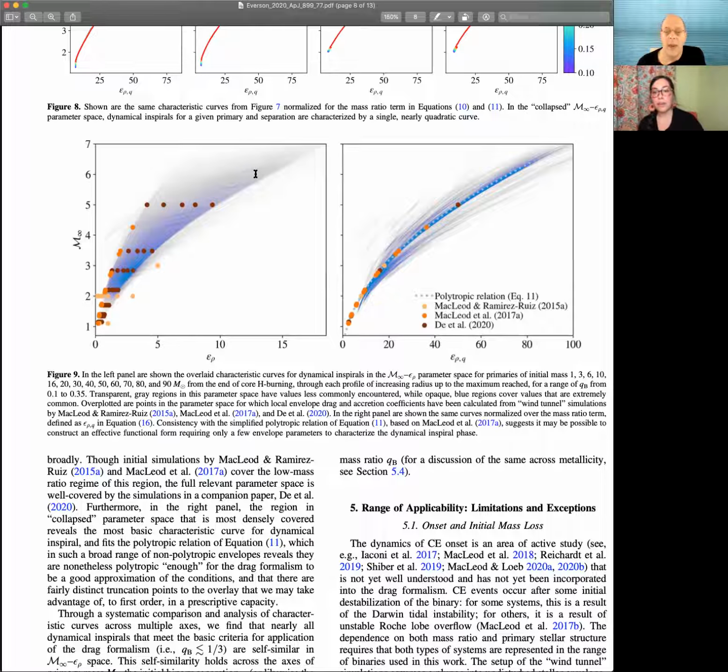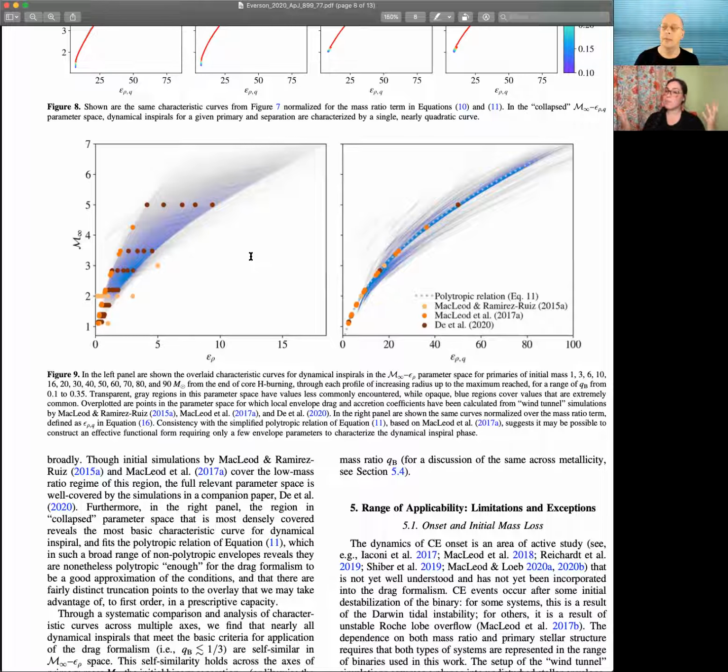So this was very exciting to me and showed me that there's a lot of self-similarity in these curves. There are some exceptions, of course, which we start going into in section 5. But in general, this to me showed very promising that this is something we can actually extend forward, especially with a few other additions, which we talk about later, to try to create something that's more prescriptive, something that maybe population synthesis people could use someday.